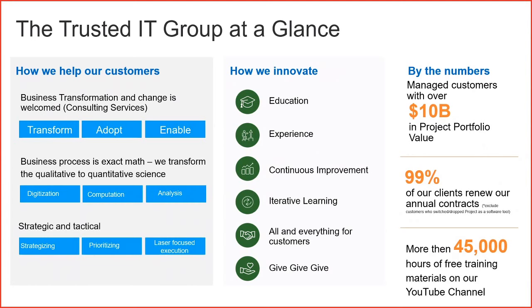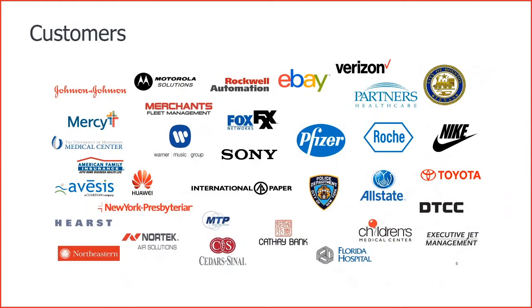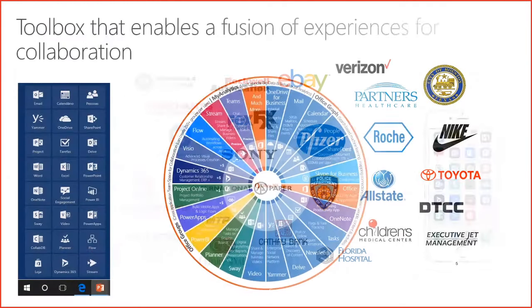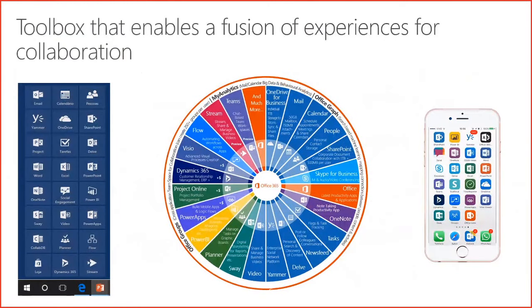These are some of the clients that we're currently serving today. And even though our focus is Project Online and Power BI, as you can see on the left side of the wheel, we are experts in the whole Office 365 ecosystem, which obviously needs to be because it is all in the cloud and online today.